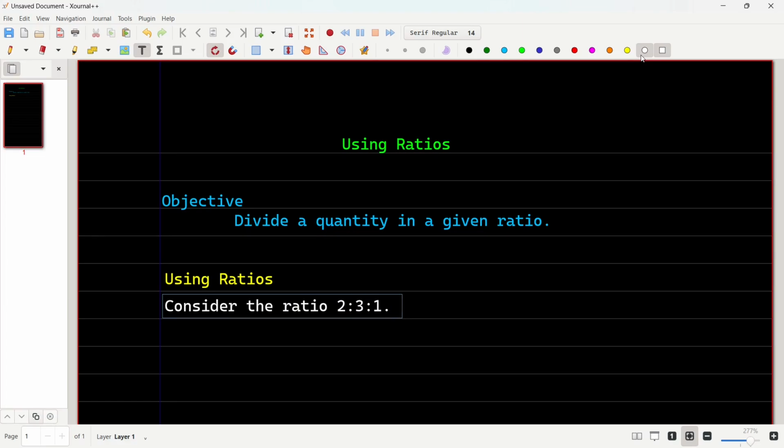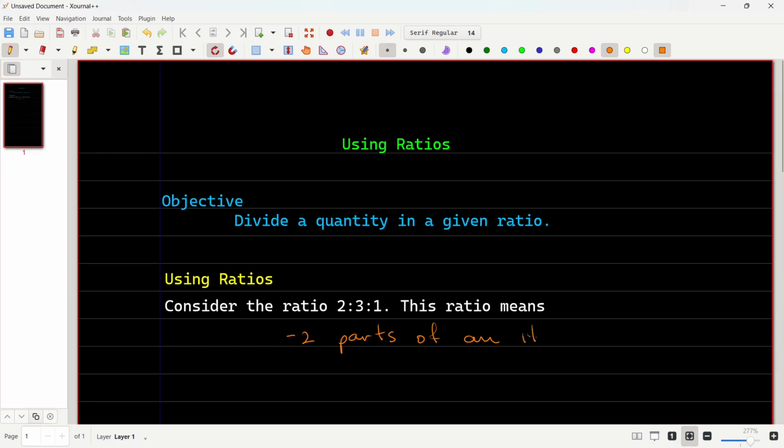This ratio means that we have 2 parts of an item, 3 parts of an item, and then 1 part of an item.